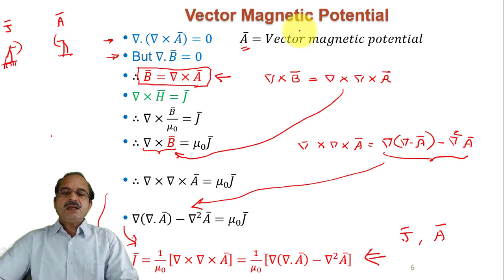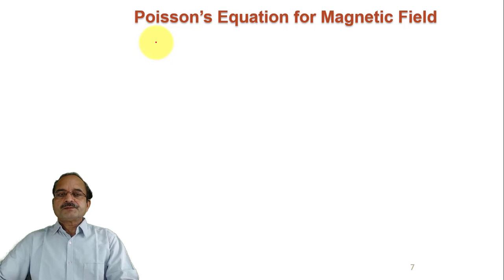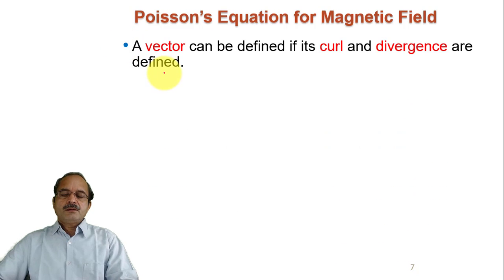Now as we have seen earlier, for scalar magnetic potential, the current density is 0, whereas vector magnetic potential we can define when J is not equal to 0. There exists some current density. So because of this, we can now define Poisson's equation for magnetic field. Now in general, any vector can be defined if its curl and divergence are defined.